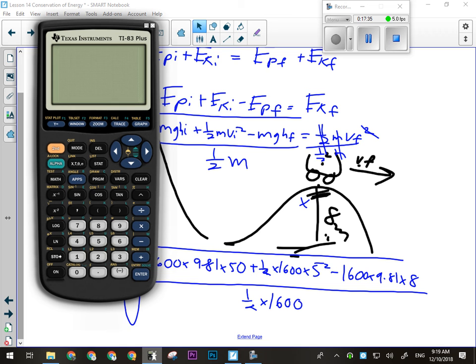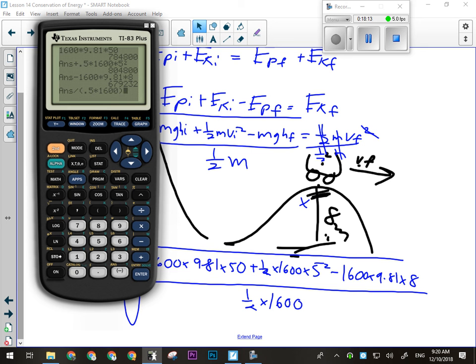So I just do it one piece at a time. 1600 times 9.81 times 50, plus 0.5 times 1600 times 5 squared, minus 1600 times 9.81 times 8, divided by 0.5 times 1600.